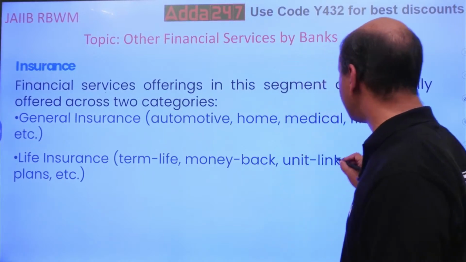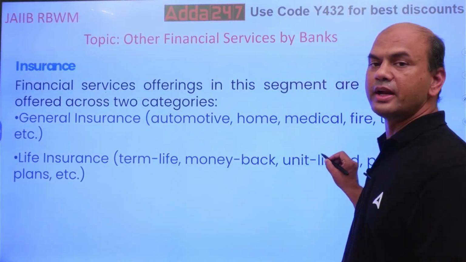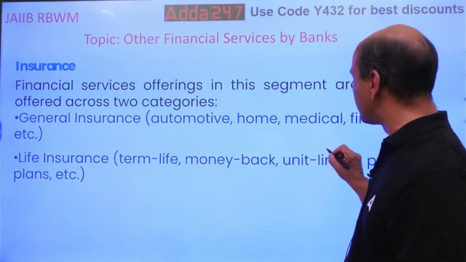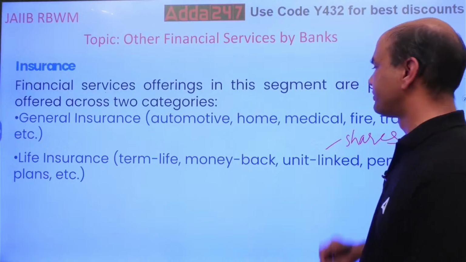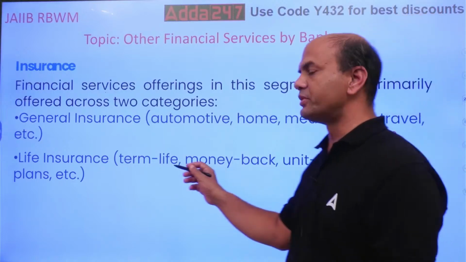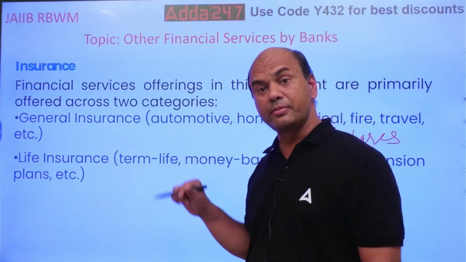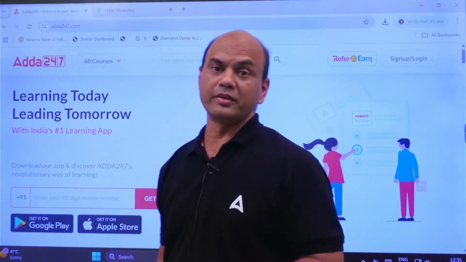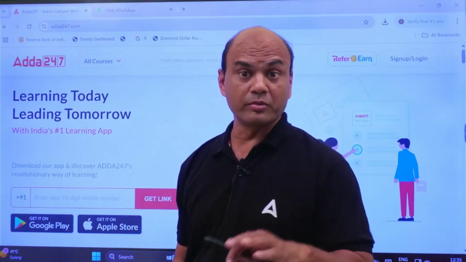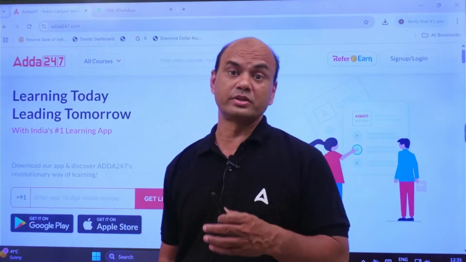Unit linked means a combination of mutual fund and insurance. Here the amount is invested in the share market. Term life means whatever you pay, you don't get it back. There's also one more, a single premium.